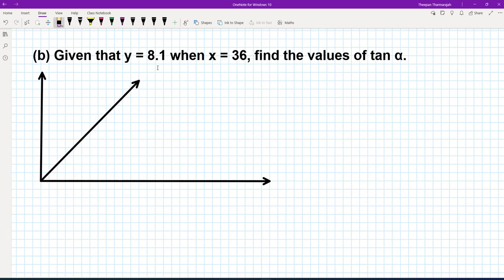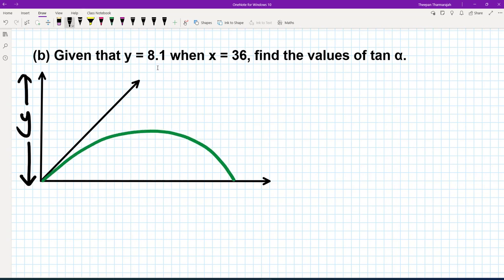Let's be consistent this time and just follow it in green, exactly the same as last time. This is our projectile motion. So y represents the vertical displacement and x represents the corresponding horizontal displacement.